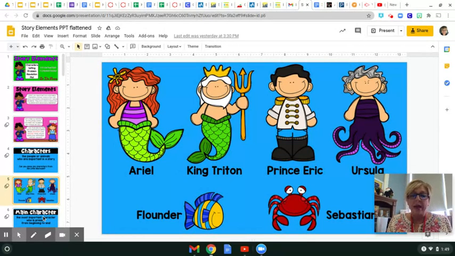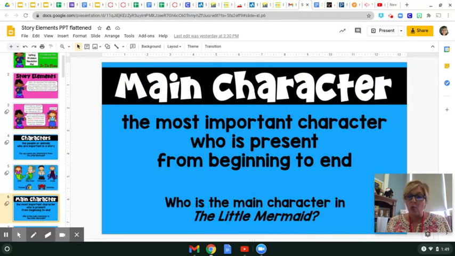Okay, then within each story, we usually have what's called the main character. And the main character is the most important character who is present in the story from beginning to end. Usually they have the most speaking parts, and the makeup of the story is mostly about them.